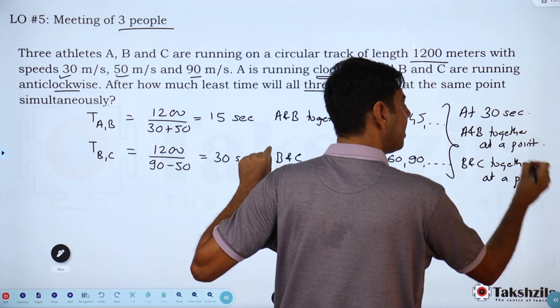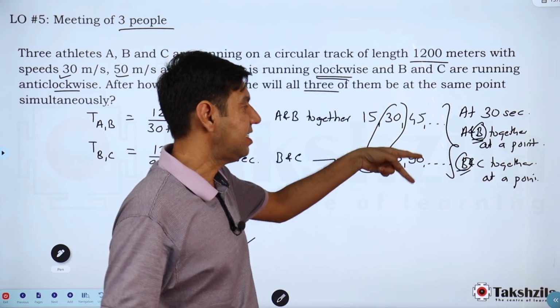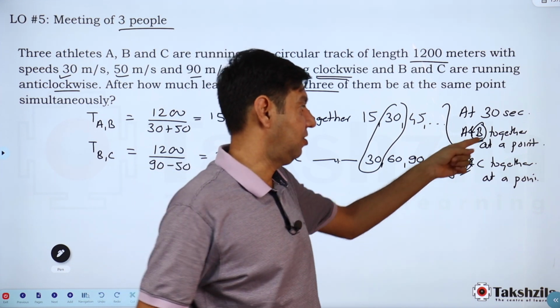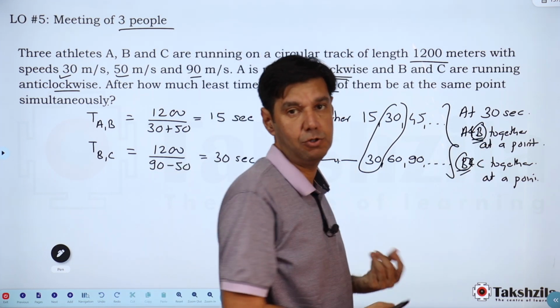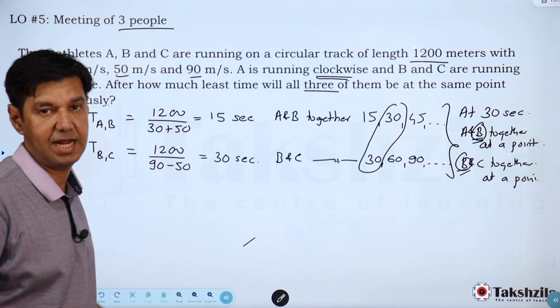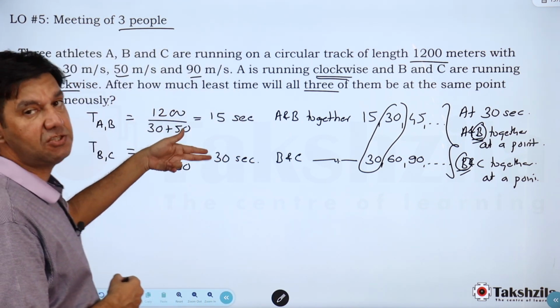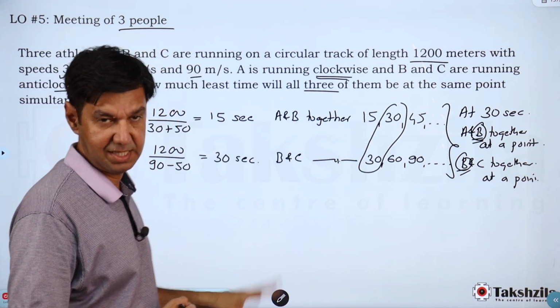So the fact that B is common to the 2 pairs suggests that there aren't 2 different individuals, it is the same individual. He can be only at one point, and he is at A's point also and at C's point also. Basically it means that all 3 are together at that time. So the way to handle 3 people is to take any 2 pairs, find the time taken, and the LCM of the times taken is going to be the answer.